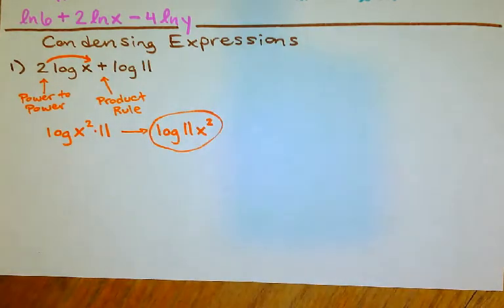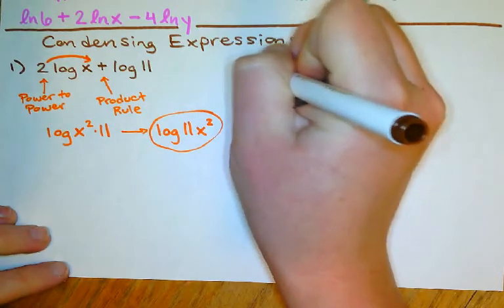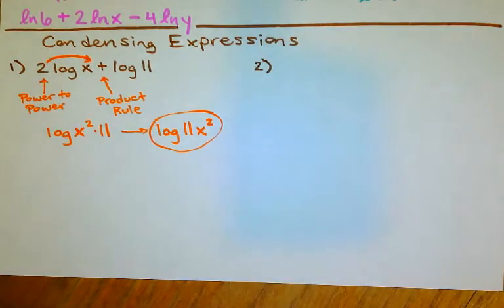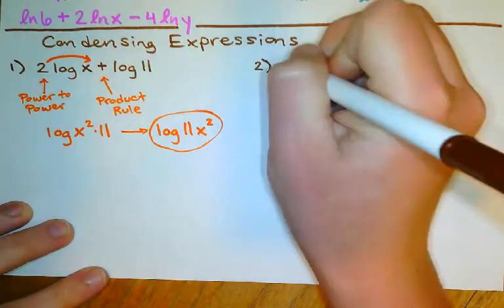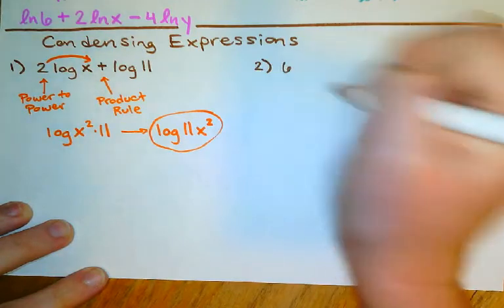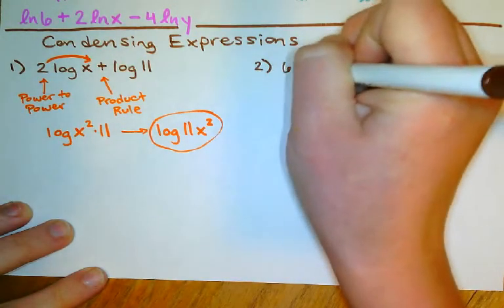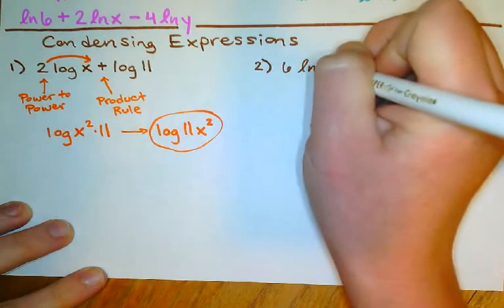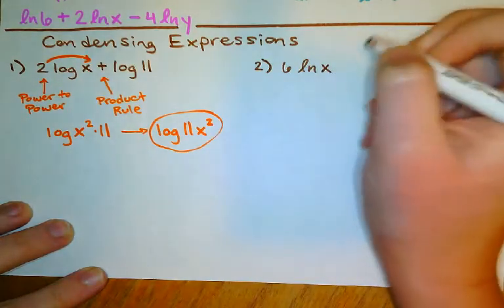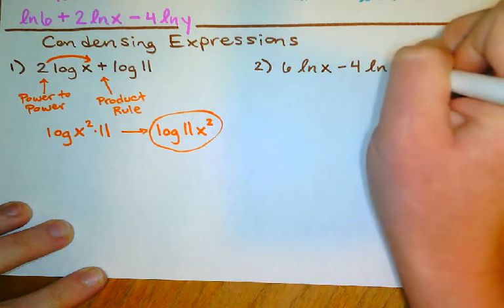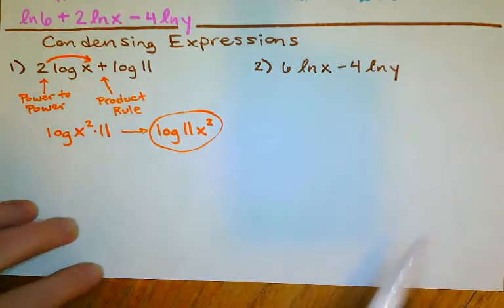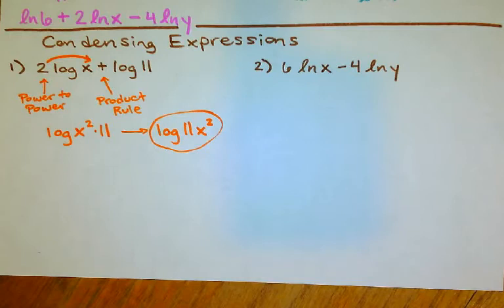Okay. Let's take a look at another example. All right. We're going to have 6 natural log of x minus 4 natural log y. All right. So, again, what do you guys see here?